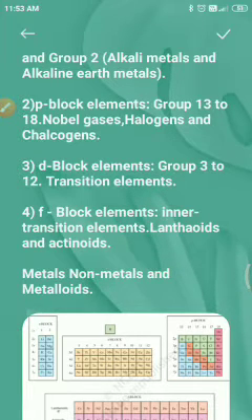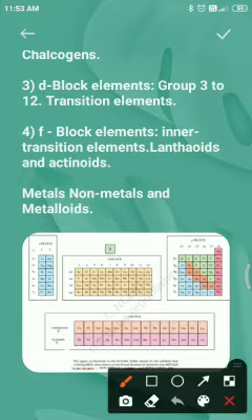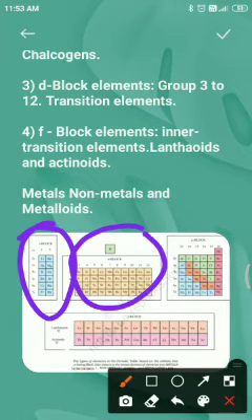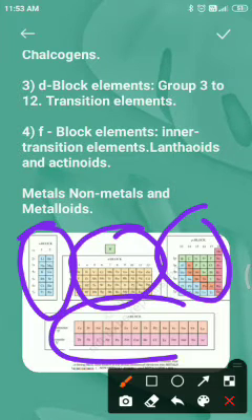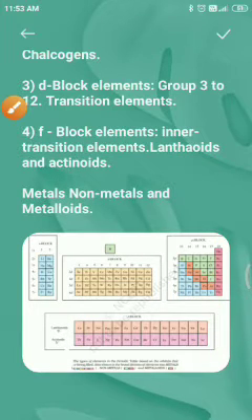In addition to the classification of elements into s, p, d, f blocks, where these are the s block elements, these are d block elements, these are p block elements, and f block elements are lanthanides and actinides, we can also classify the elements into metals, non-metals and metalloids.